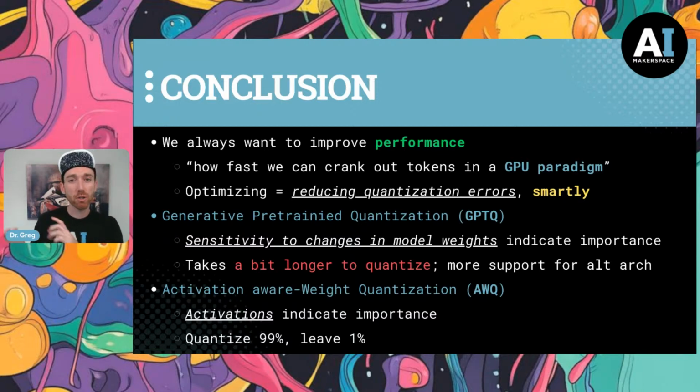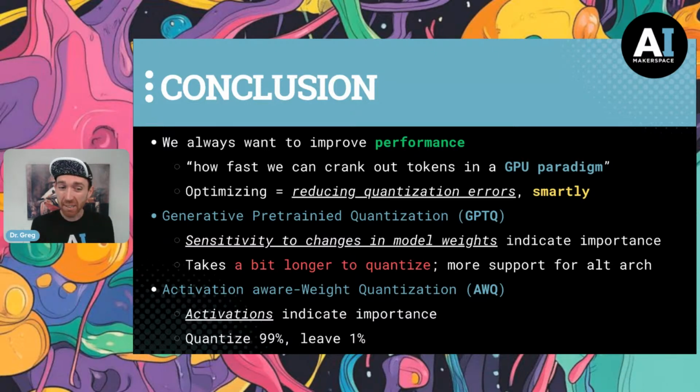So if we can decide all of these things we don't need to pay attention to and then quantize, that's much smarter than simply trying to minimize quantization errors from the jump. We saw that generative pre-trained quantization, generative pre-trained transformer quantization, GPTQ, played an integral role at a moment in time and paved the pathway for what would come next.